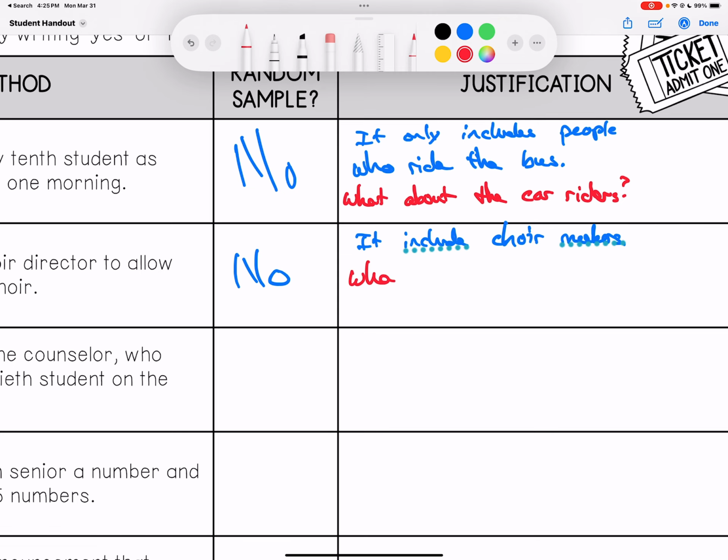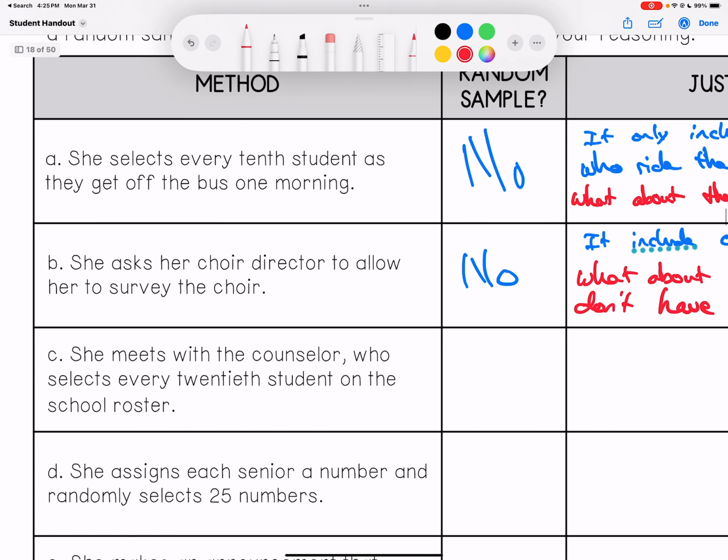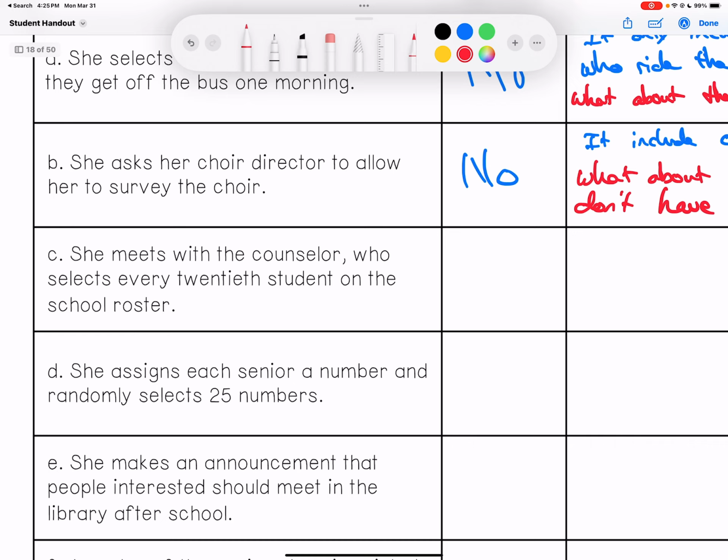What about the people who don't have choir? So it's just not a true random sample, okay? Could she do this? Obviously, she can do whatever she wants to do, but don't call it random because it ain't random. All right, the next one.